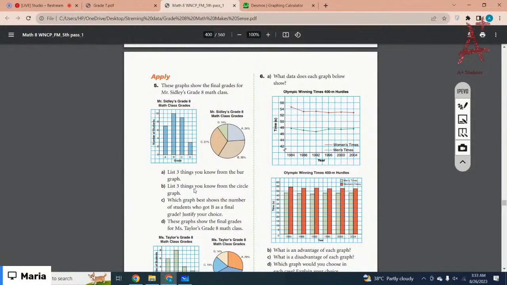Let's start with question number 5. The graph shows the final grades of Mr. Sidley's grade 8 math class. List three things you know from the bar graph. Okay, so seven of the students are the ones who got A grade, right?